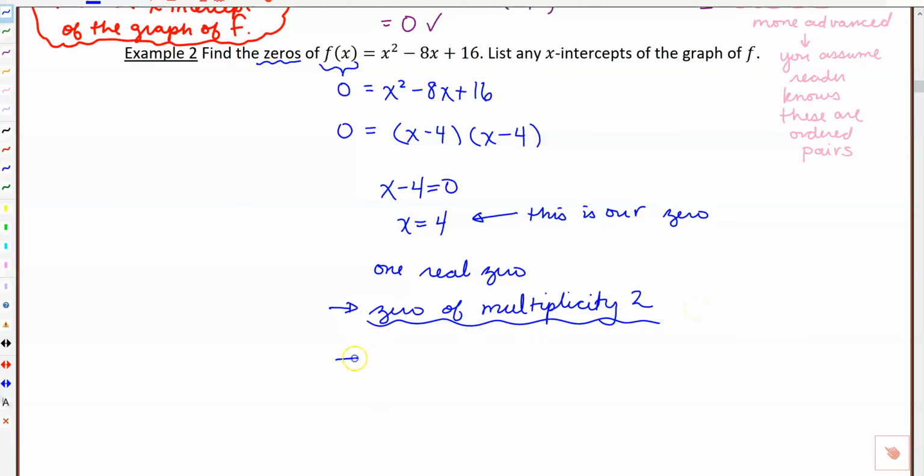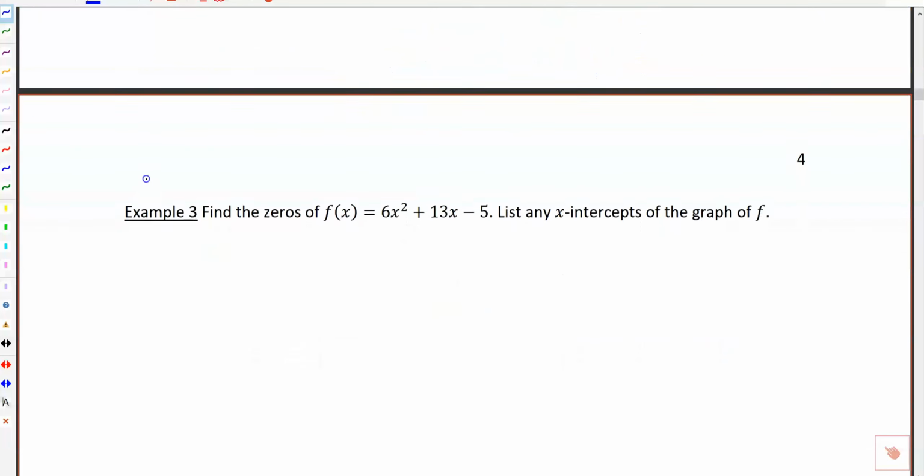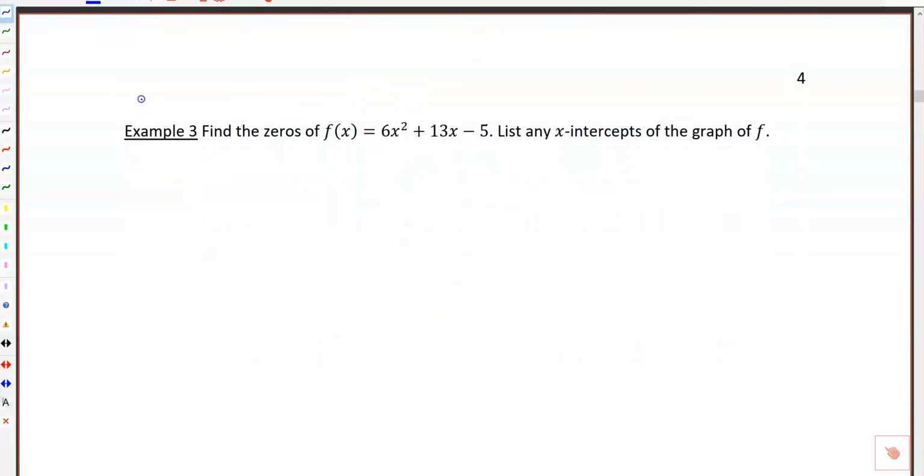Sometimes another thing that we would say is we call this a repeated root, because the solutions to these equations are also referred to as roots. All right, so now we're seeing that we could have zeros or roots with multiplicities. Okay, so let's take a look at one last example using the skill of factoring.